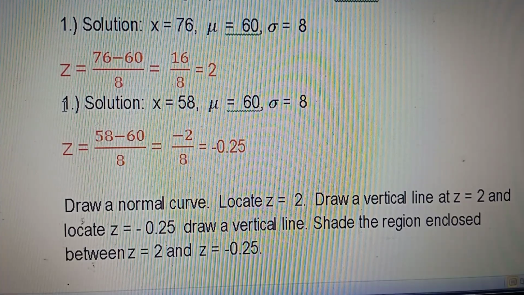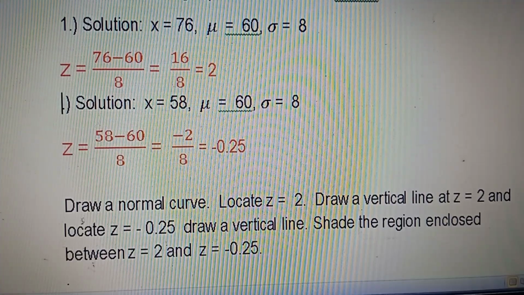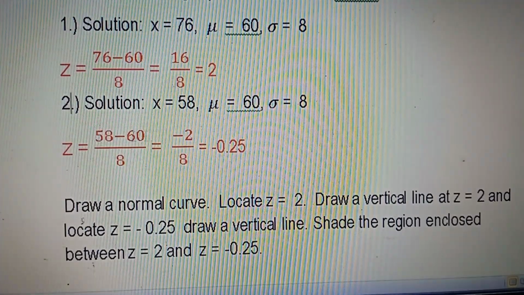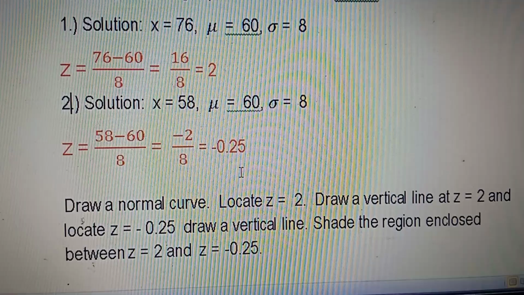No, this is number 2, not number 1. Number 2, x equals 58, mu is 60, sigma is 8. So, z equals 58 minus 60 over 8. That is negative 2 over 8 or negative 0.25.